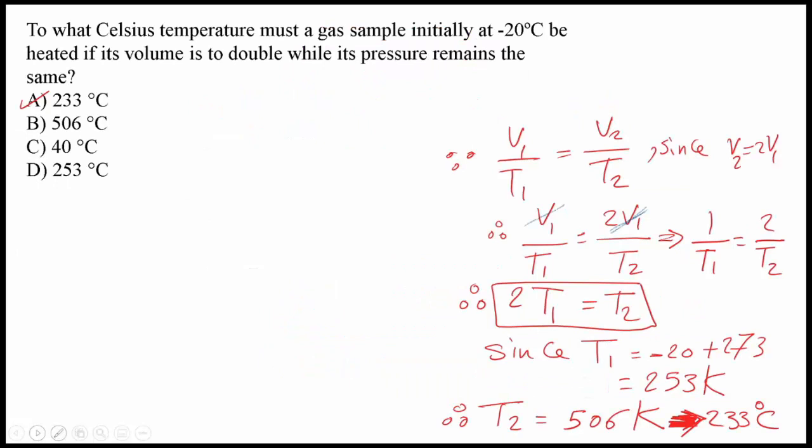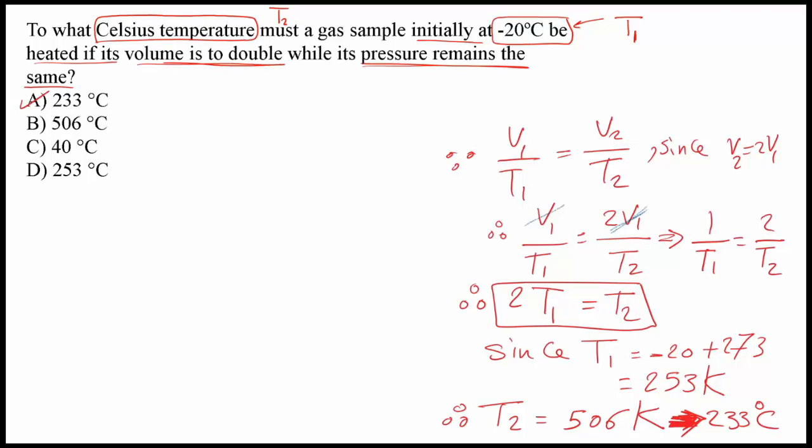Let's try to solve some problems together. To what Celsius temperature must a gas sample that is initially at negative 20 degrees Celsius, so this is the temperature T1, and he's asking about a temperature T2 or T final, be heated if the volume is to double, while its pressure remains the same.